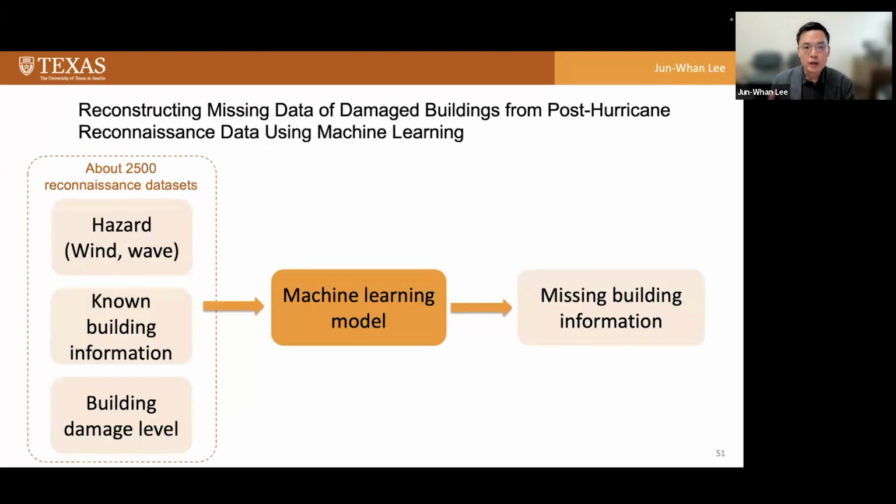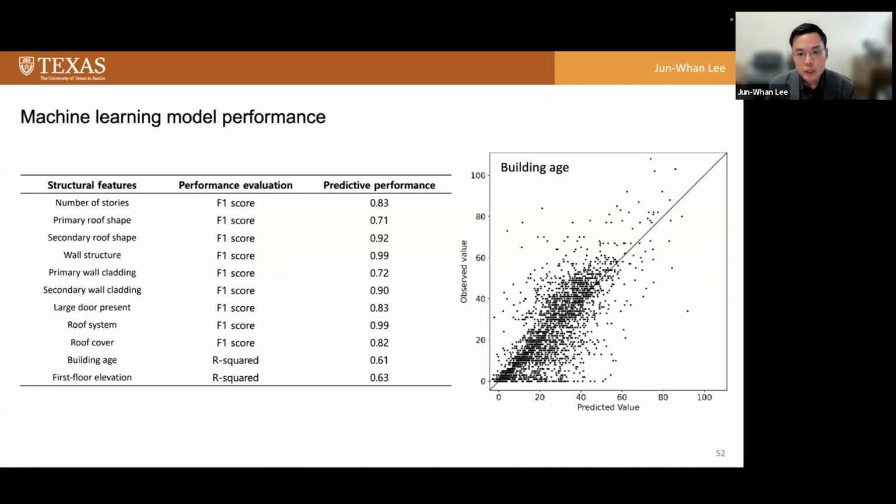So we developed a new machine learning model that uses the existing building information with the reconnaissance hazard data like wind, wave, and building damage level, with the location information, to predict the missing building information. That shows the preliminary results, which show what kind of structure features this machine learning model can predict.